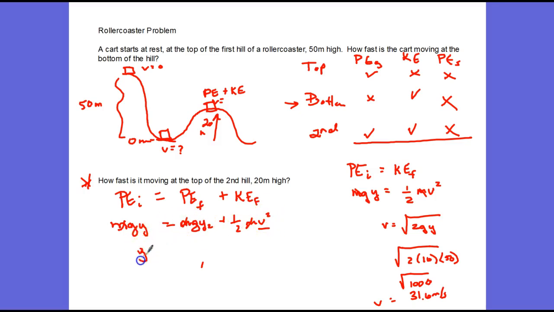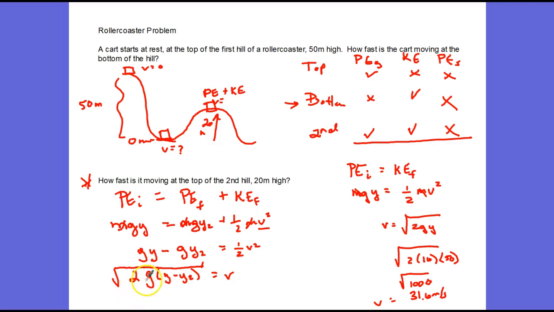So that's going to be gy minus gy2 equals 1/2 v squared. That's actually g times (y minus y2). And I'm going to multiply both sides by 2, so 2g(y minus y2) equals v squared. So if I want it to equal v, I have to take the square root of both sides.